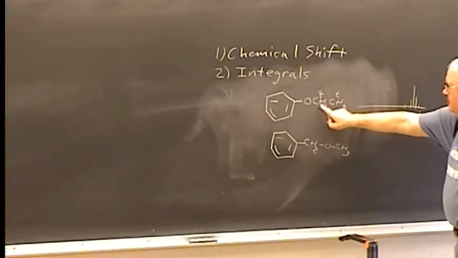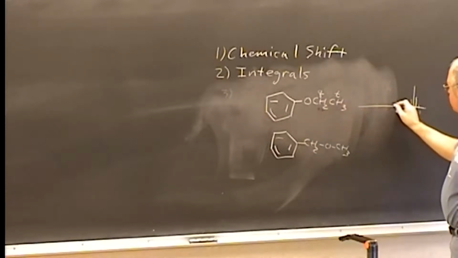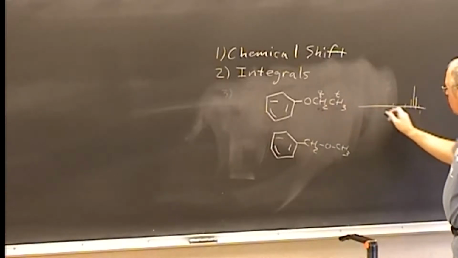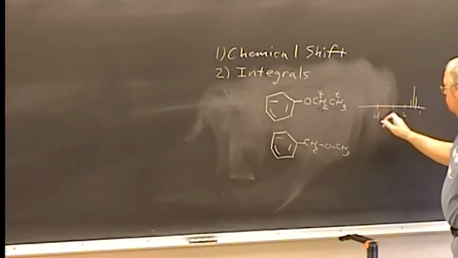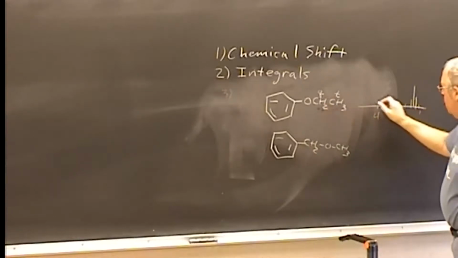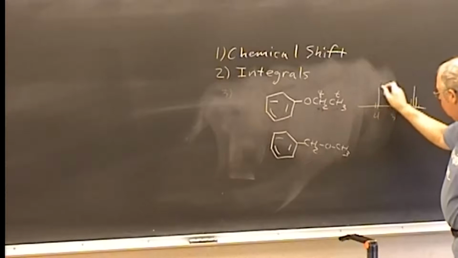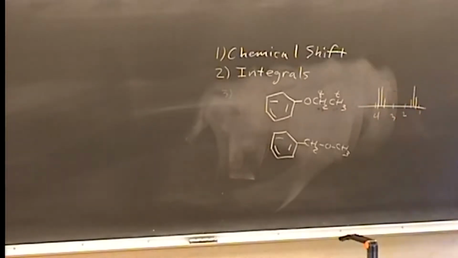This CH2 is next to an oxygen, so that would show up about 4, and that would be a quartet. And these peaks would be in the ratio of about 1 to 3 to 3 to 1.